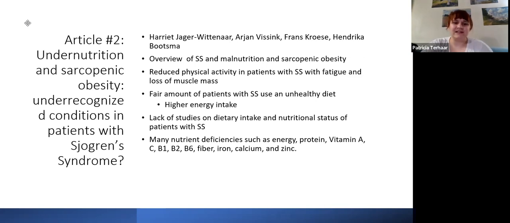What they also found is that there's a fair amount of patients with Sjögren's syndrome who have an unhealthy diet and a higher energy intake.